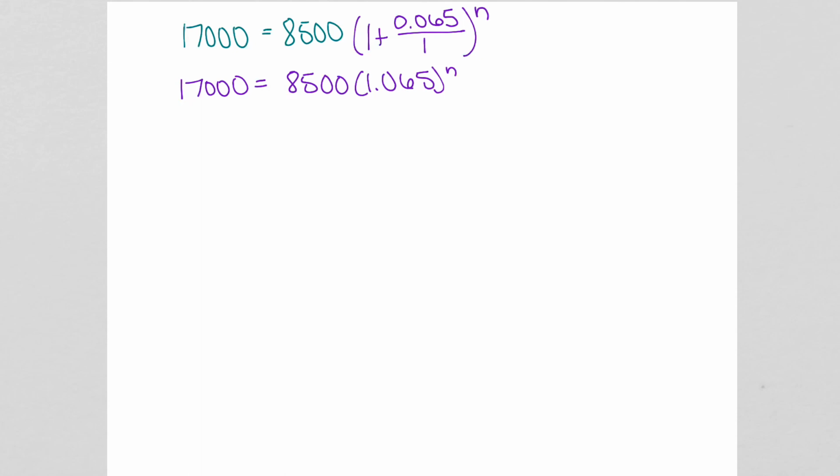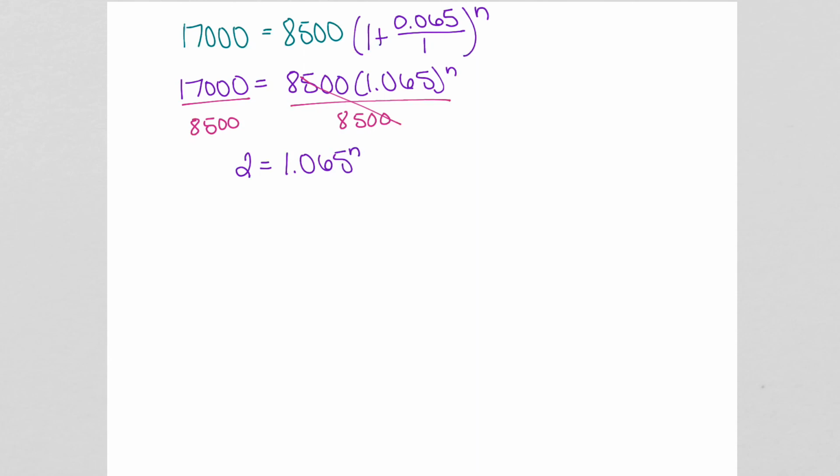And now we can go ahead and divide both sides by 8,500, because that's being multiplied by the 1.065 to the nth power. So that is 2 equals 1.065 to the nth power.